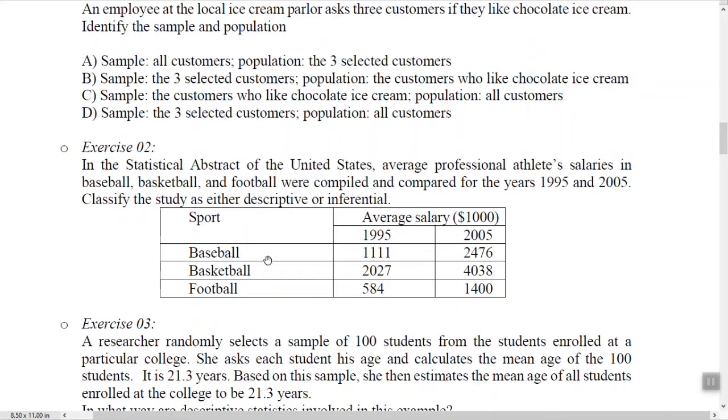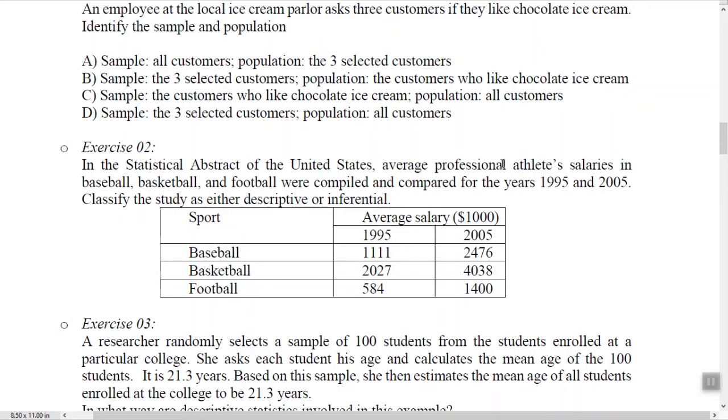You can see that everything is summarized, and the first column is sports, the other columns are average salary for the 2 years 1995 and 2005. What are they talking about here? The average salary of professional athletes.